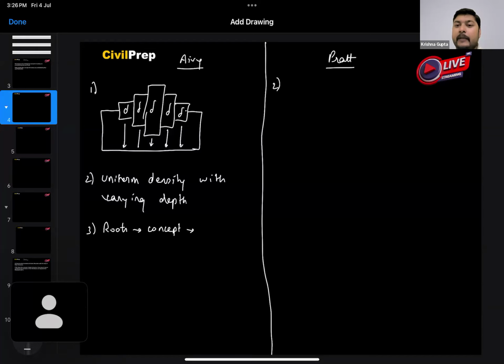Rather, there are various materials present over the Earth's surface, and they have different densities. For example, this is D1, D2, D3, D4, and D5. So here we'll see that there is a level of compensation.